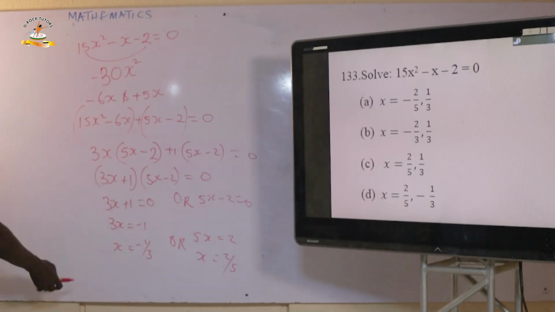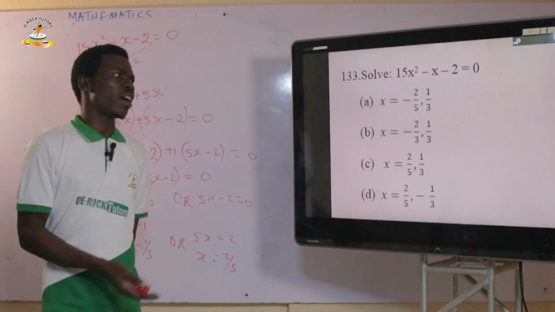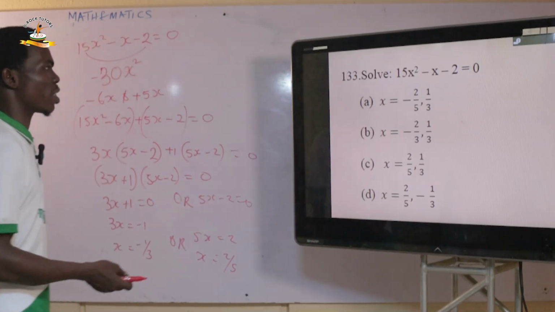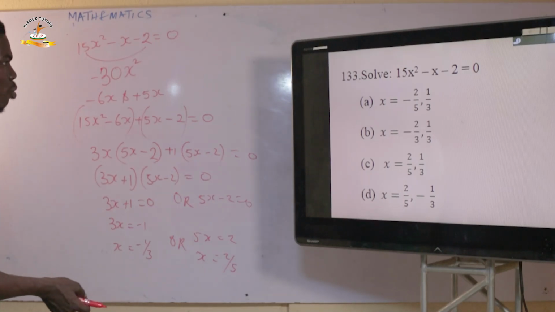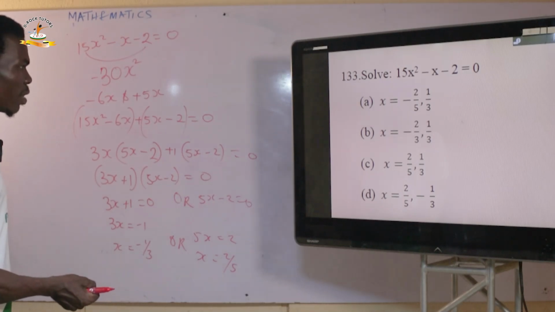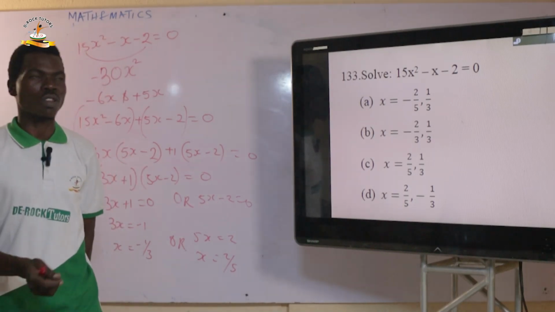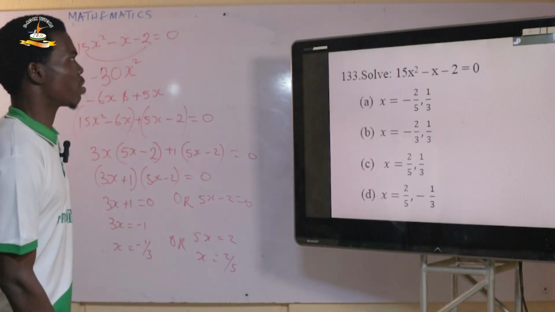So our results are minus 1 over 3 or 2 over 5. So let's check which option has that. Minus 1 over 3 and 2 over 5. That is option D. So the correct option is what? Option D. And our next question.